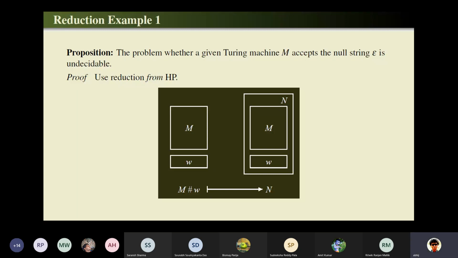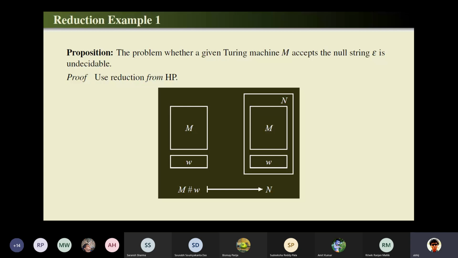But of course, if you go to a more general version, then of course you can use that undecidability of the membership problem or the halting problem. But now I am working on a special instance, special case, which requires a proof. So I will start from HP.